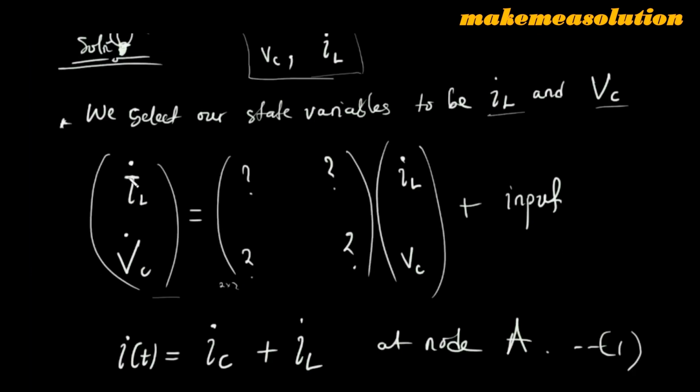Let me write it like this, and we're going to use capital V. IL is the current flowing through the inductor, and VC is the capacitor voltage. Now IL dot is the derivative of that current.